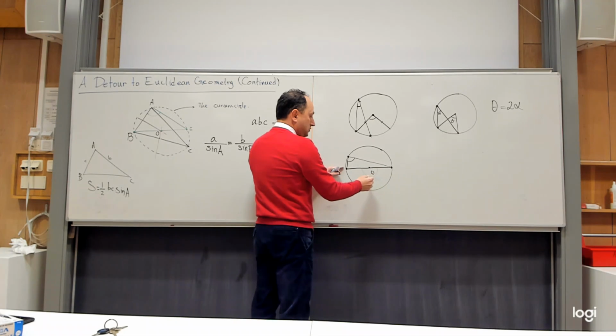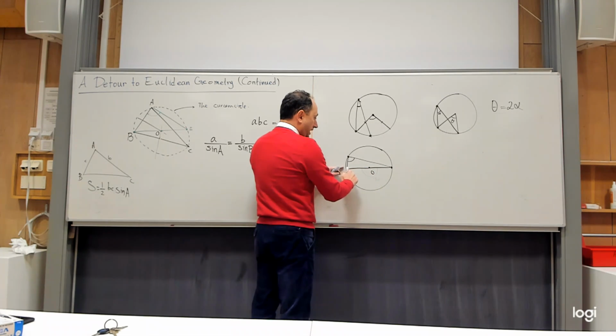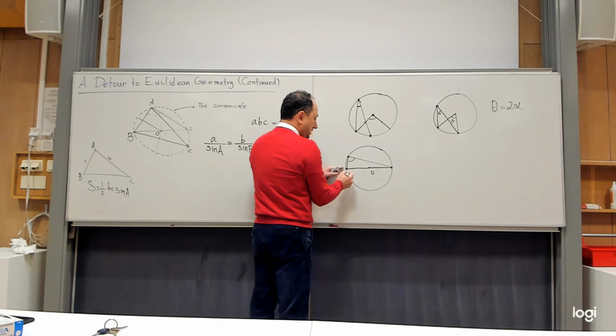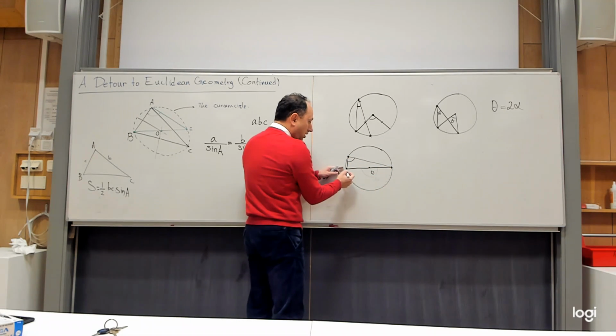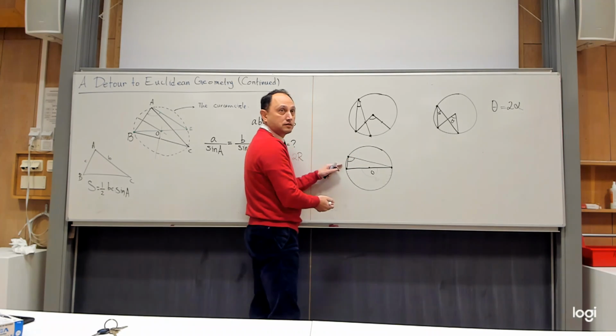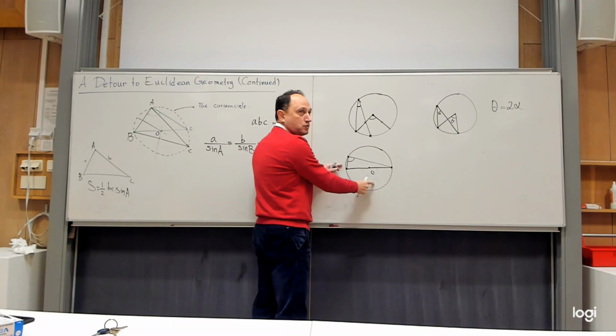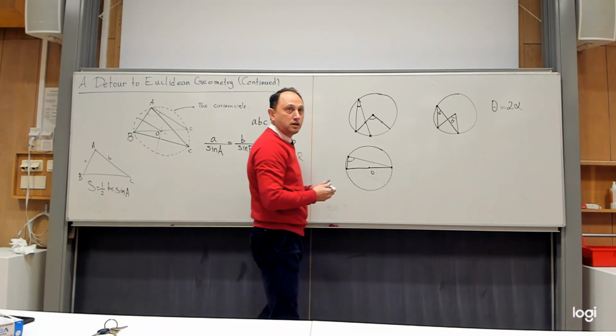But we know that this is 180. And if I ask you what is the arc subtended by this, you show me this. This is the arc subtended by this, and exactly this is the same arc subtended by the inscribed angle. So this should be half of that one. So if this is 180, this has to be 90.